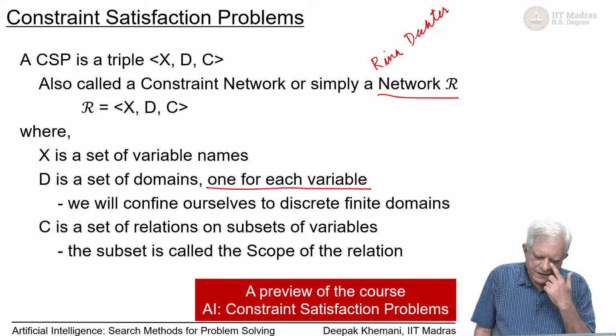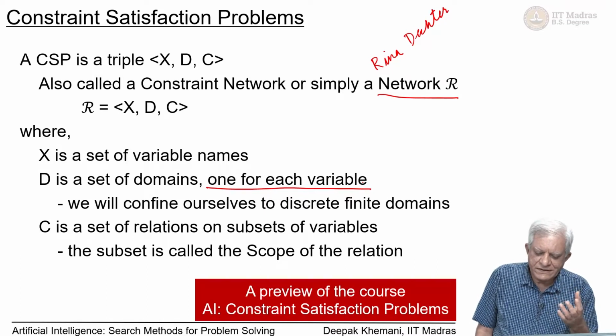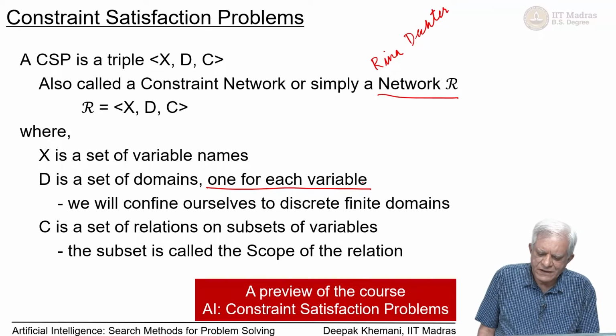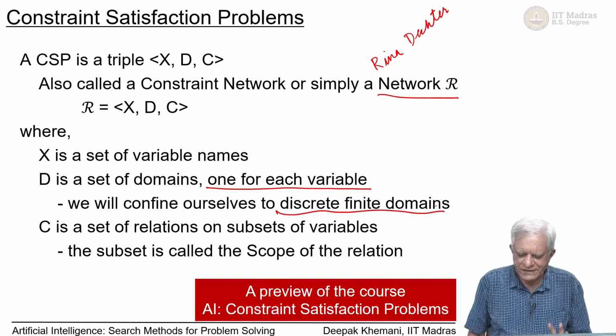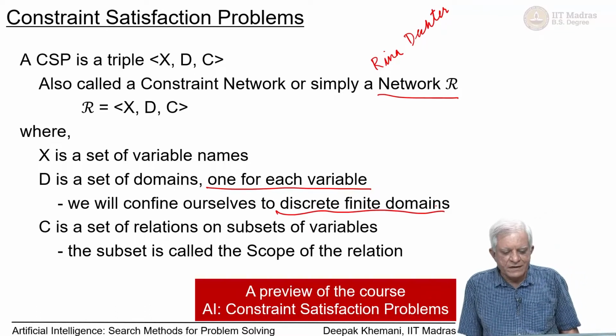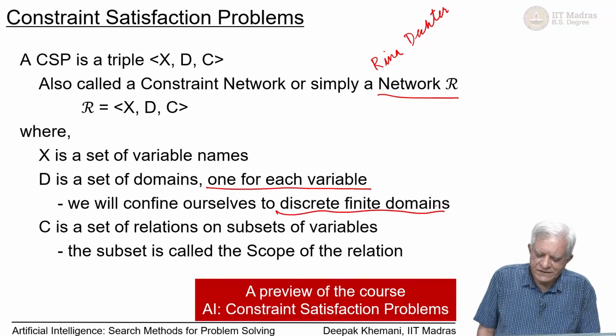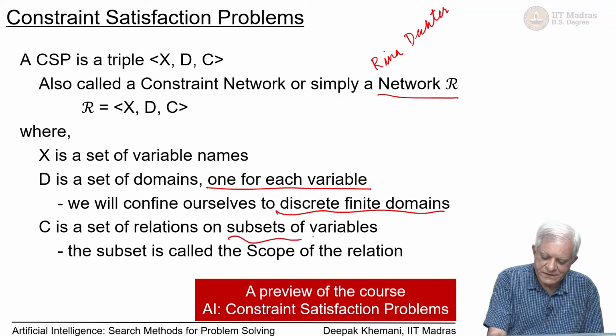So, what is a domain? A domain is a set of values that a variable can take. We will confine ourselves to discrete finite domains, which basically means we will not talk about real numbers and things like that. And finally, C is a set of relations or constraints, that is, constraints on subsets of variables.